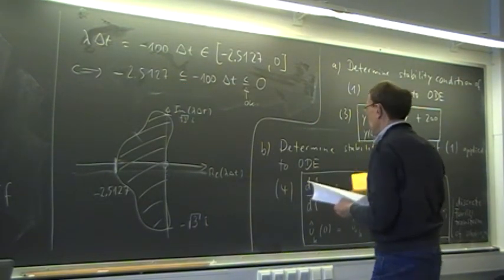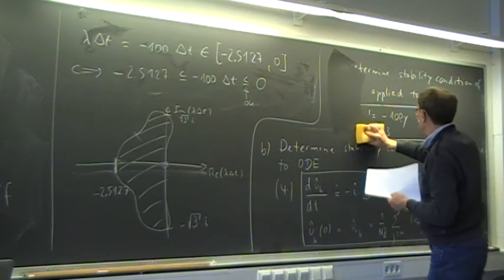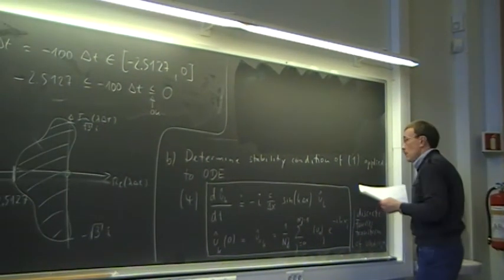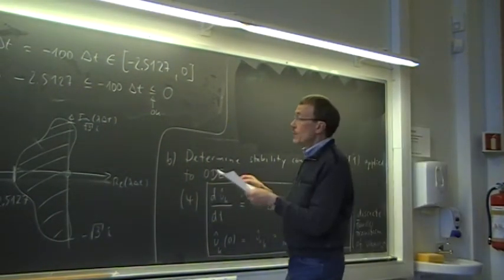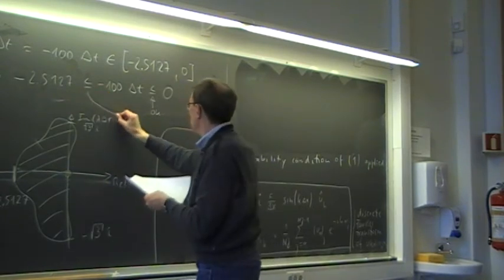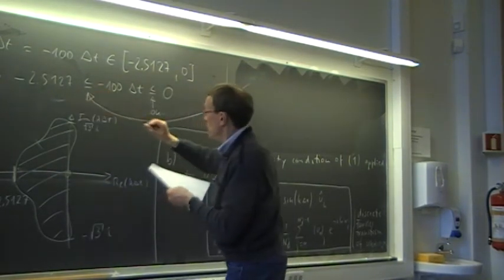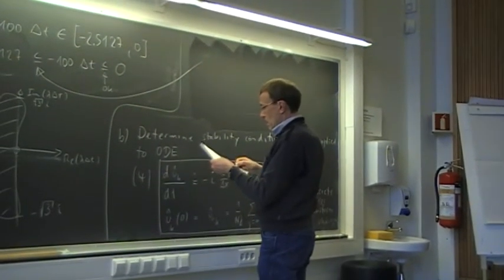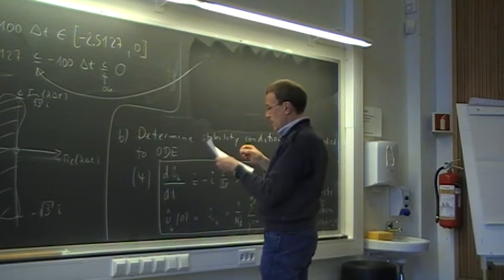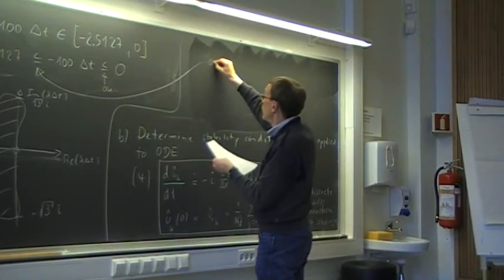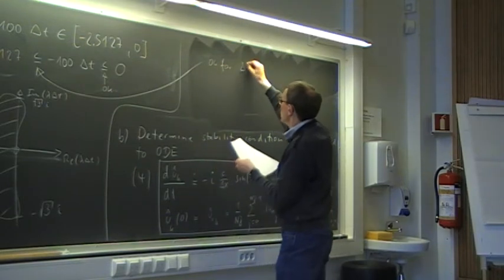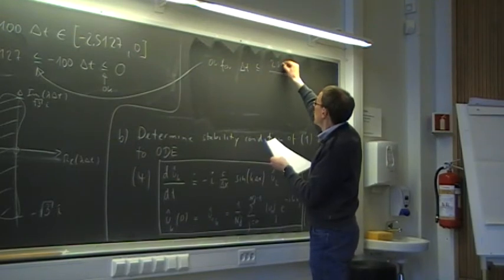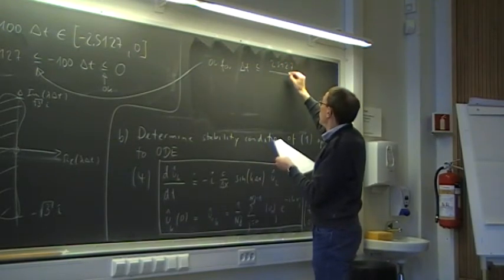So from that we get this condition here, that will be then okay for delta t smaller equal than this number, 2.5127 divided by 100.